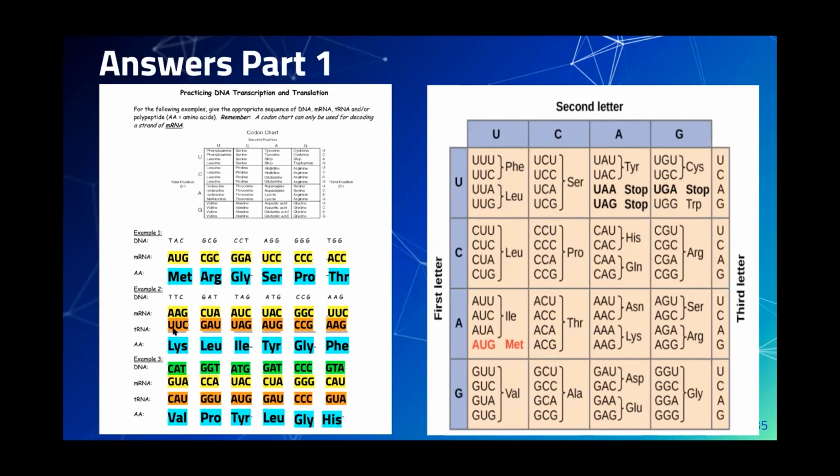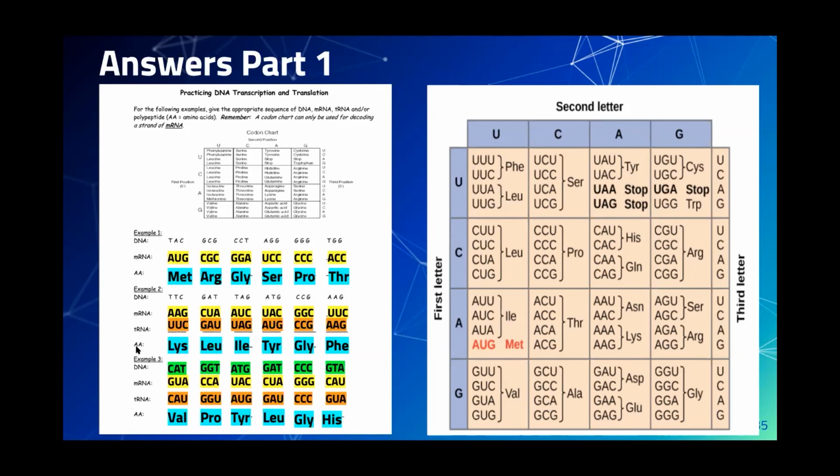And then for the tRNA, it's complementary to the mRNA. So AAG would be UUC, CUA would be GAU, AUC would be UAG, UAC would be AUG, GGC would be CCG, and then UUC would be AAG.